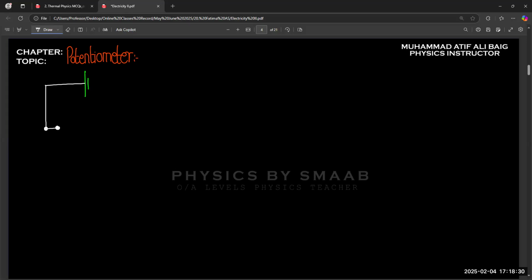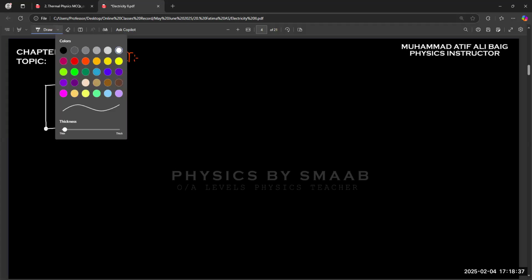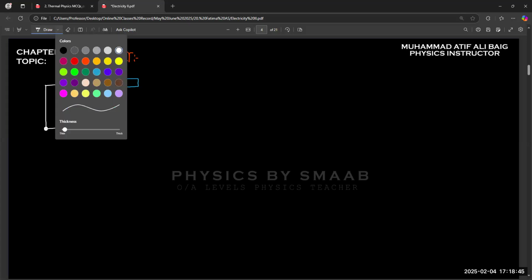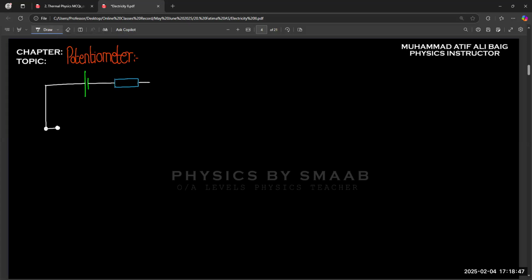And we also have one resistor connected for safety purposes, so it will control the value of current. And the other side, so this is the diagram basically.